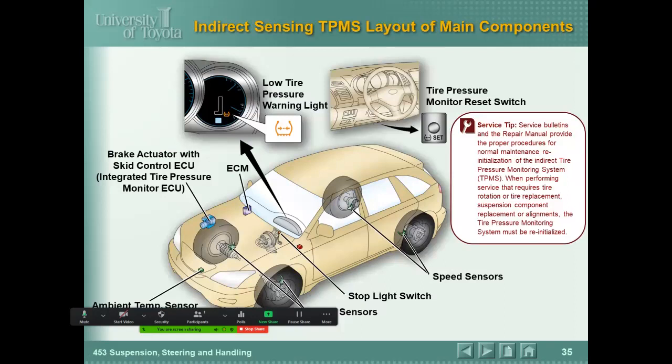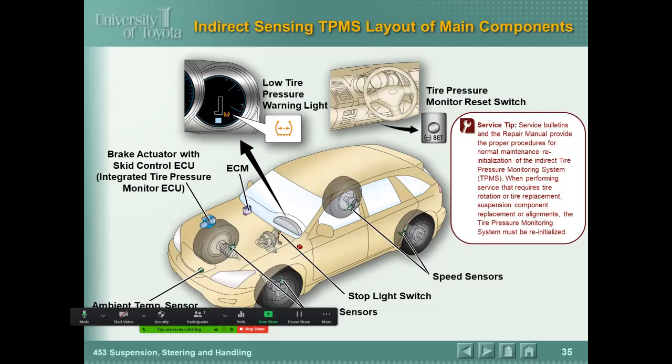So on these indirect sensing types, it's going to have much of the same. I mean, this looks just like a car with regular ABS. Again, we are using the ABS wheel speed sensors to determine if we have a low tire, because the underinflated tire will be spinning faster to keep up with the other tires that are properly inflated.